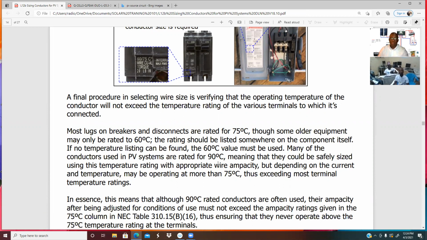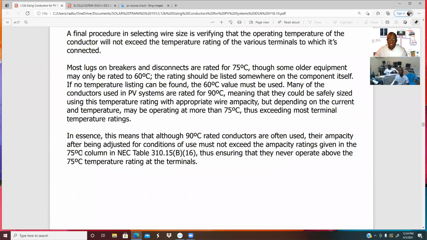Conductors used in PV systems are rated for 90 degrees, meaning that they could be safely sized using this temperature rating with appropriate wire capacity. But depending on the current and temperature, they may be operating at more than 75, thus exceeding most terminal temperature ratings.